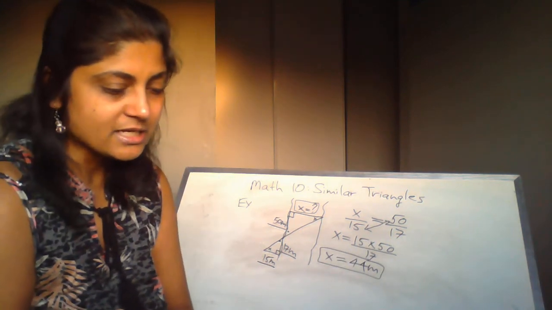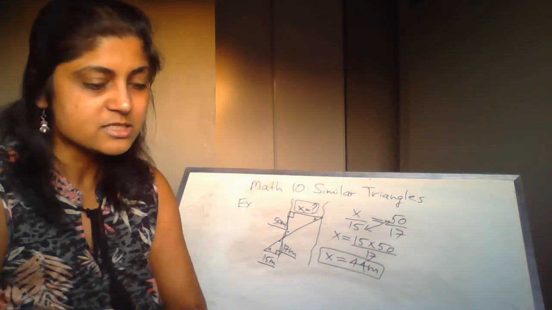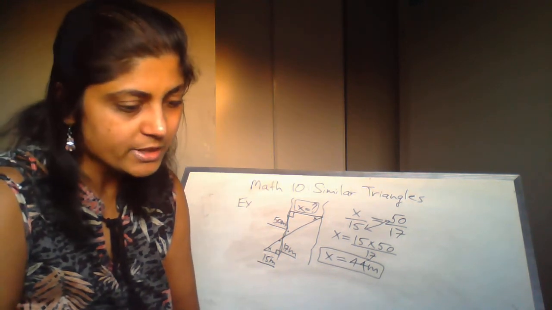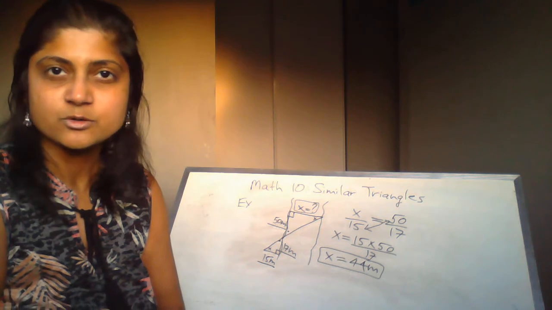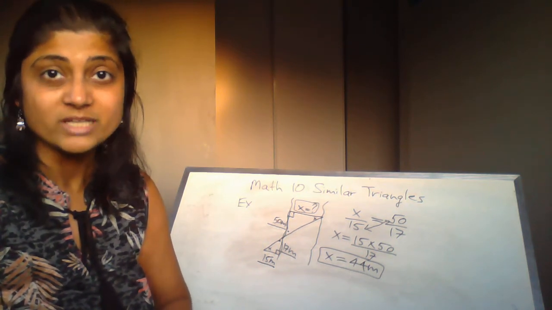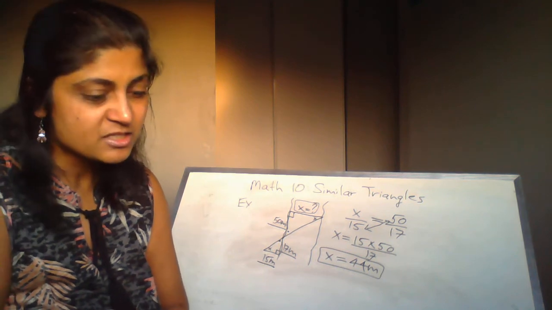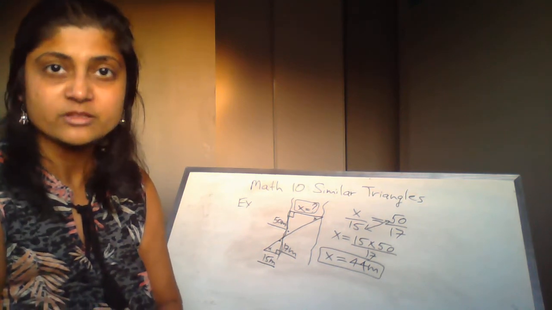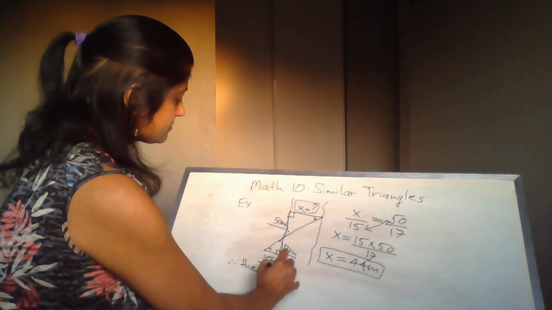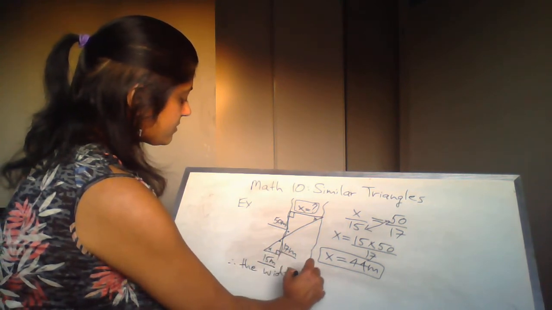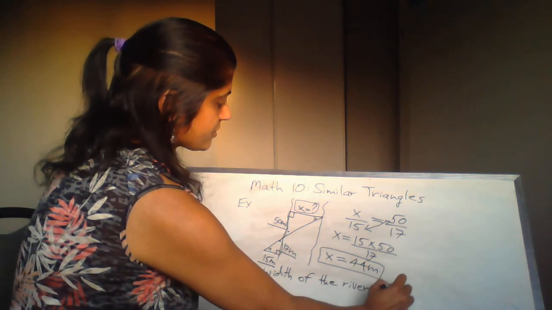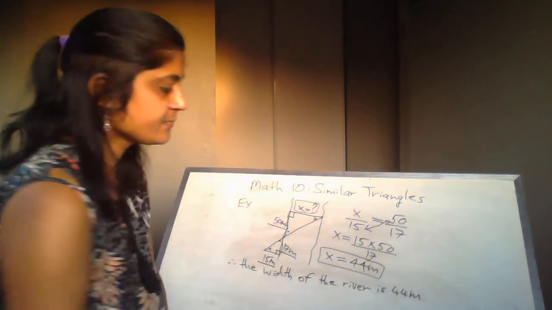Okay, so again, make sure you're just looking at the question. This question said to round it to the nearest meter, so we're doing the whole number here. Sometimes the question might tell you to round it to the nearest tenth, so make sure you are rounding it correctly to 1 decimal place, okay? The question here was just to find the width of the river, so we're going to write therefore, the width of the river is 44 meters.